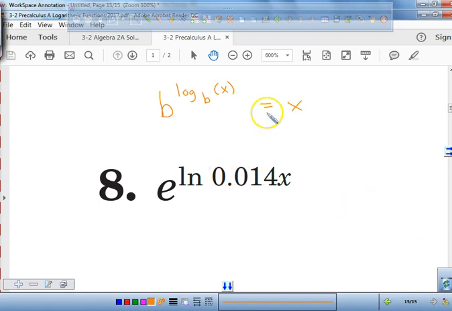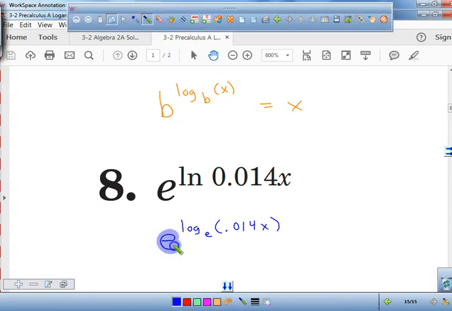Right, you did that, right? Now, did everybody see this ln right here? So what I want you guys to do is rewrite it, so maybe it makes a little bit more sense. Ready? Instead of writing ln, write log e of 0.014 x.